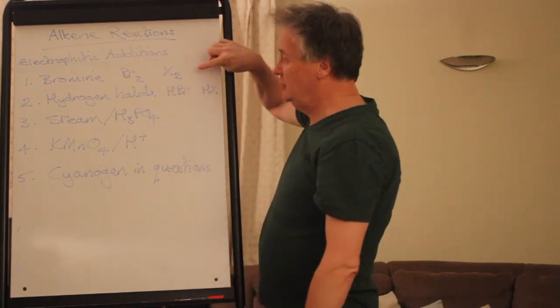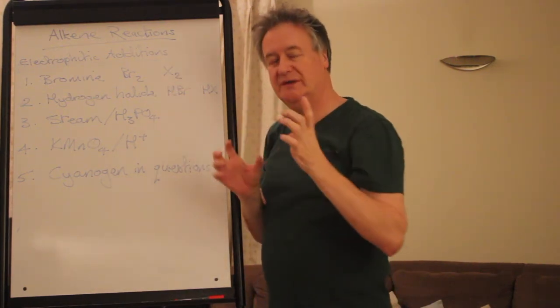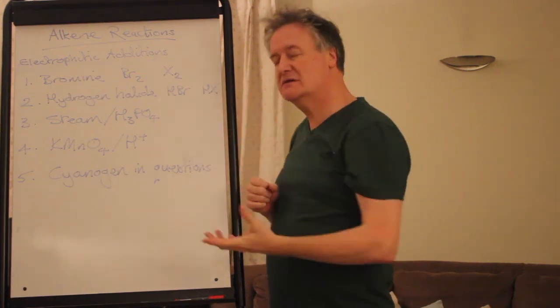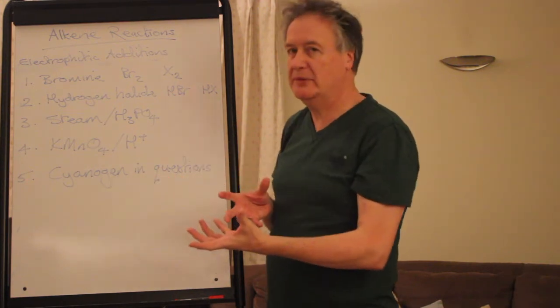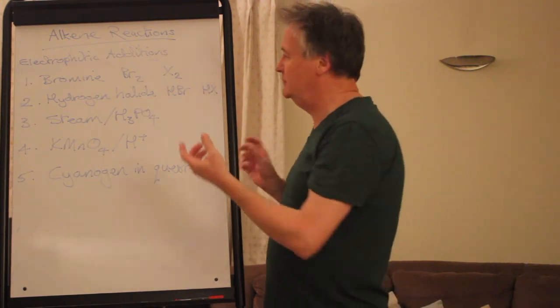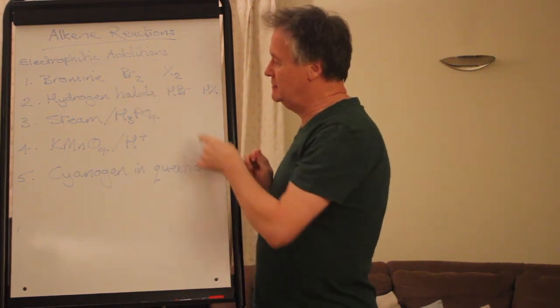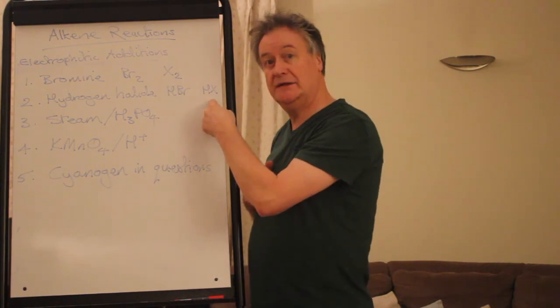So this is the addition of bromine. It doesn't have to be bromine because I've put X2 here. It does the same with chlorine, Cl2, and iodine, I2, but most questions go with bromine. Bromine is your fallback position when it comes to choosing a halogen for organic chemistry. There are also hydrogen halide reactions, HBr, fallback position, but also HCl and HI.